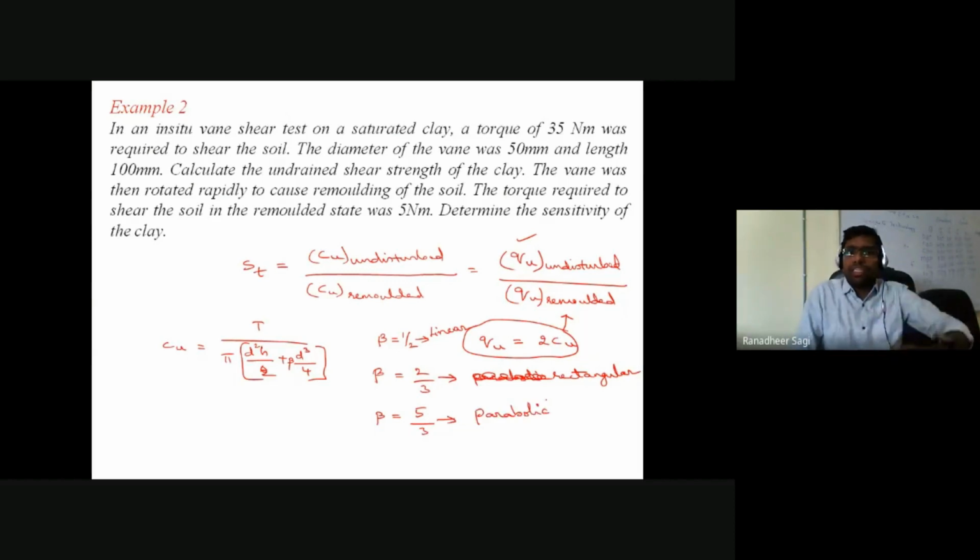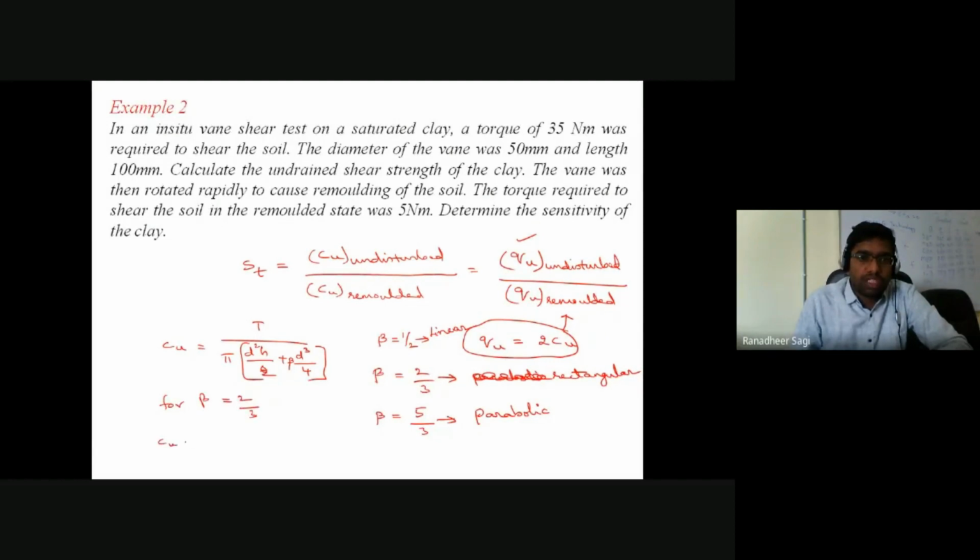If nothing is specifically mentioned in the problem, you assume that the shear stress distribution is constant, whatever shear stresses are getting developed from the center of the vane blade to the edge of the vane blade. If I assume that to be constant, then my beta I substitute as 2 by 3.